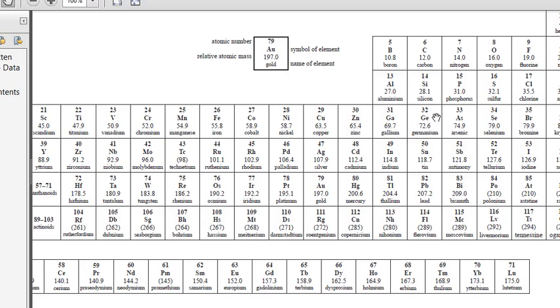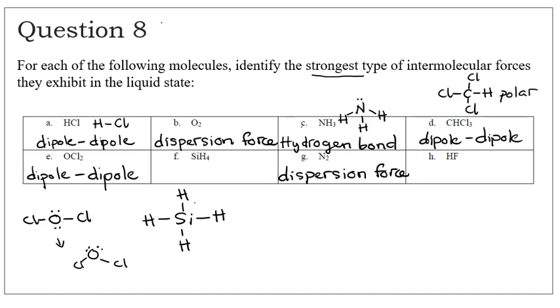Yes, so silicon is below carbon on the periodic table, so it also has four valence electrons available for bonding, and it's going to form four bonds, which means that the shape of SiH4 will be tetrahedral, which will mean that the molecule will be nonpolar, and the strongest intermolecular force will be dispersion.